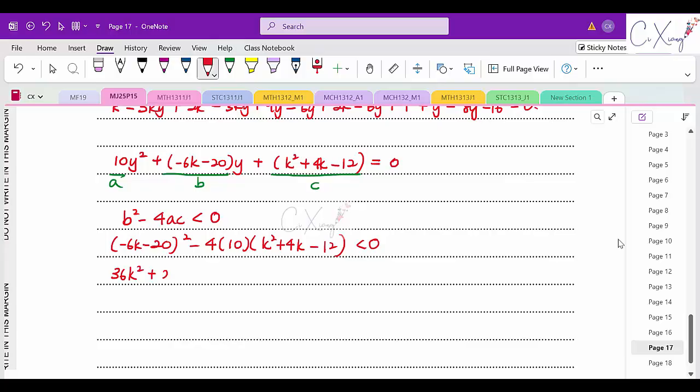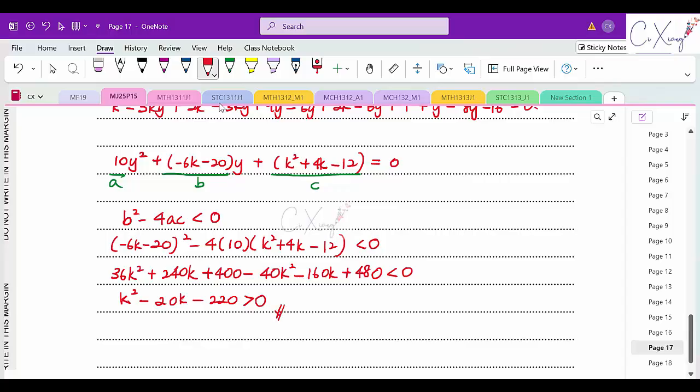You try to expand it by yourself and see whether you get this one or not. Okay, then simplify everything. By right, you'll have k squared minus 20k minus 220, and it is greater than 0.